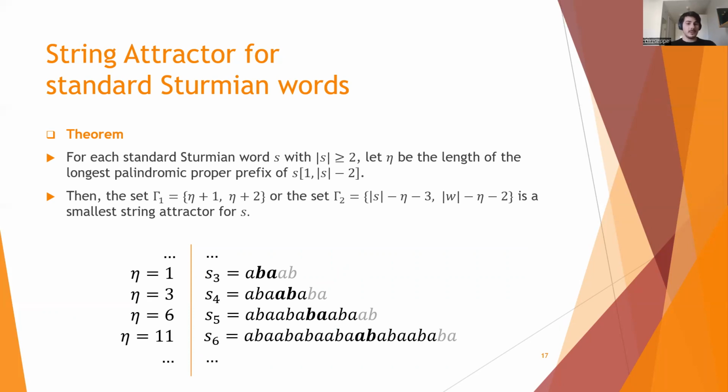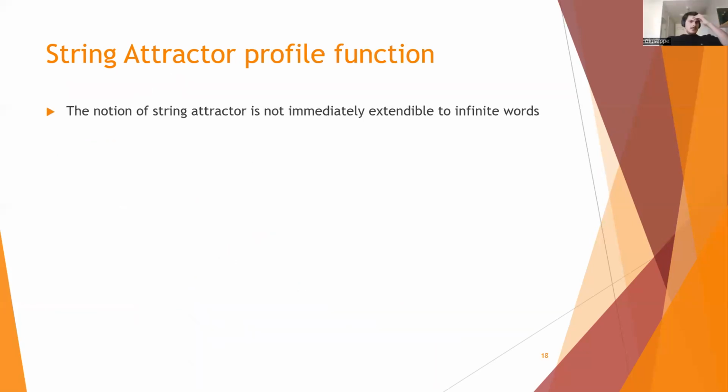So, for example, for the Fibonacci word, in the first case the longest palindromic prefix of ABA is A, and we pick as a suitable string attractor eta plus 1 and eta plus 2. Same goes for S4, where the longest palindromic prefix is ABA, so we pick AB, and so on and so on. So now we have considered finite words.